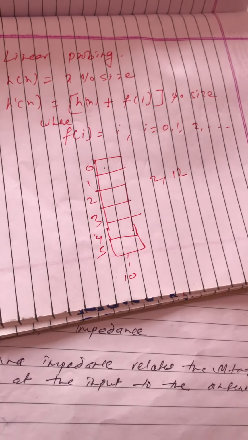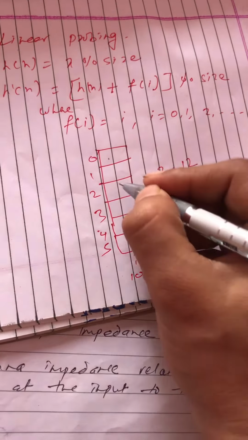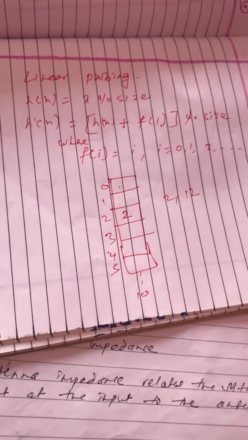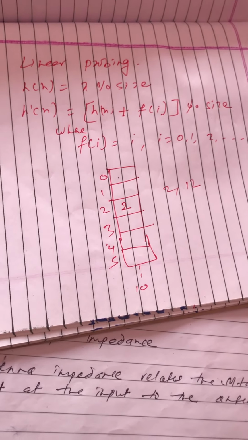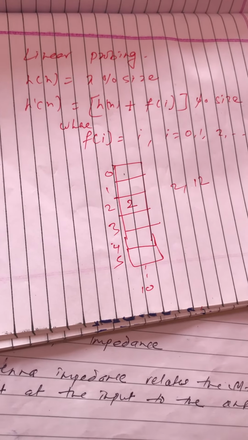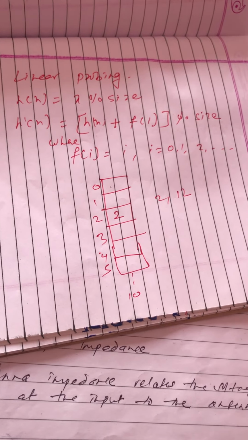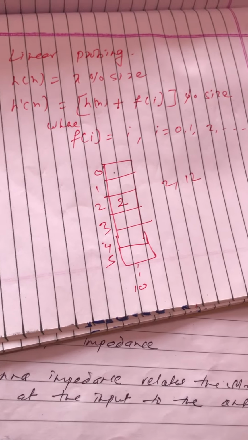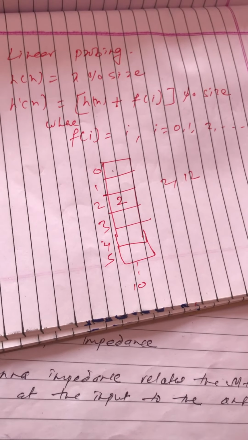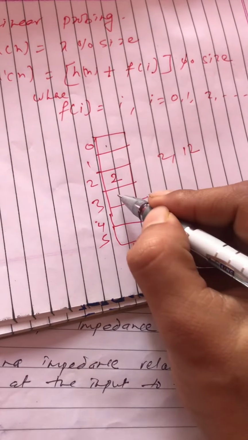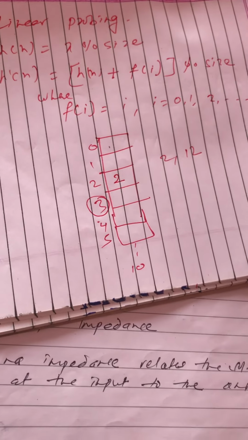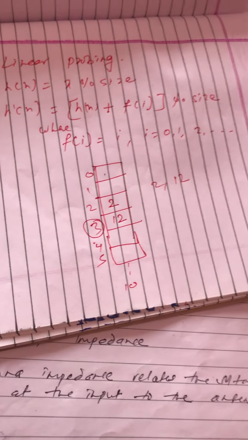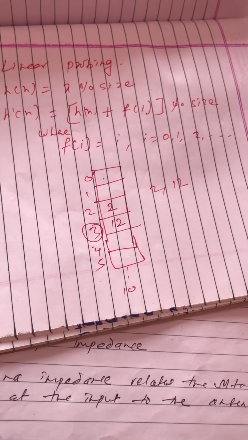So how can we do this? First of all, we store 2 in index 2. Now in case of 12, there is a collision, so we have to store it in the next index which is free, that is index 3. Index 3 is free, so 12 will be stored in index 3.